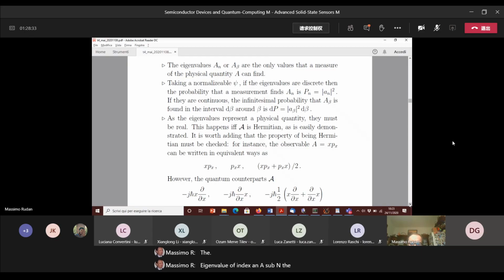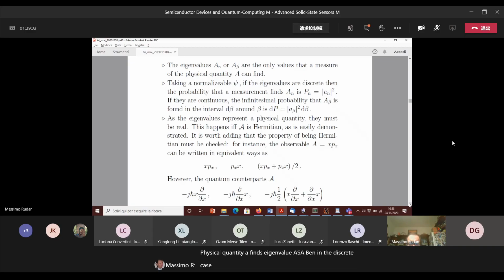The probability is the square modulus of the corresponding coefficient in the expansion. So a_n square modulus is the probability that we may call P sub n, that a measurement of the physical quantity A finds eigenvalue A sub n in the discrete case.